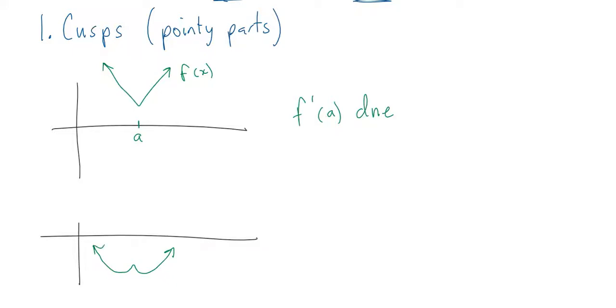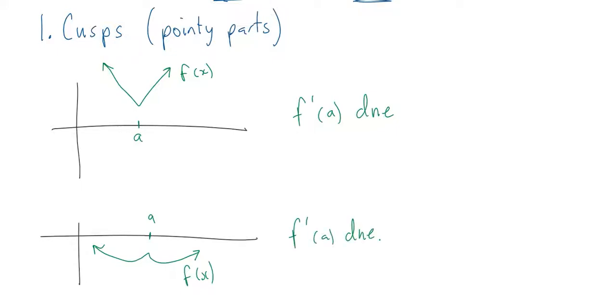And again, this is f of x. The function exists at a. Next one. Everybody get that okay?